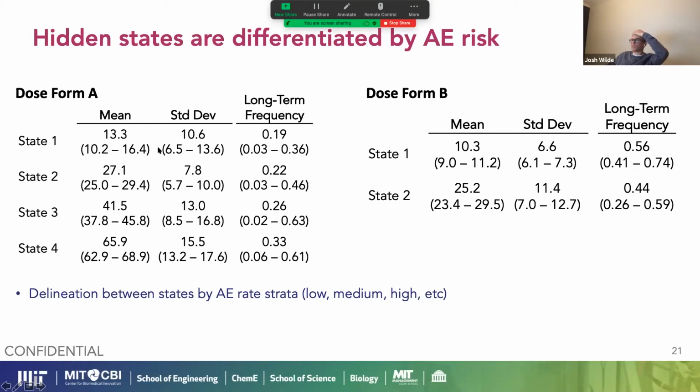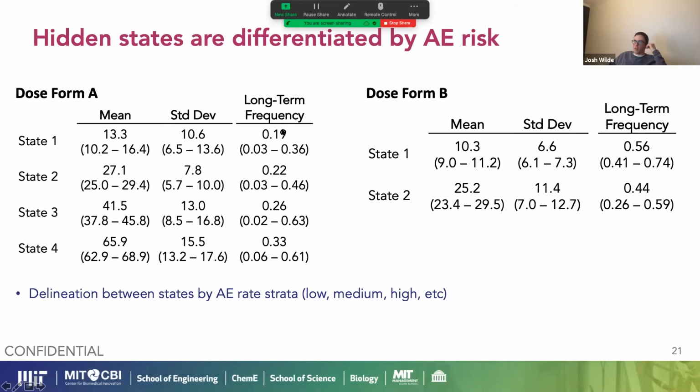So if we ignore what's in the parentheses for just a second, these are confidence intervals, we can look at each one of these lines. We can say that the mean adverse event rate in state 1 is 13 adverse events. This is all per 100,000 doses. And then it nearly doubles in state 2, and then even higher in state 3 and in state 4.